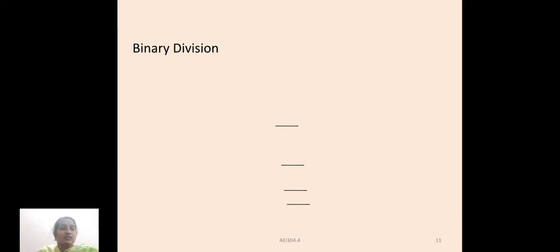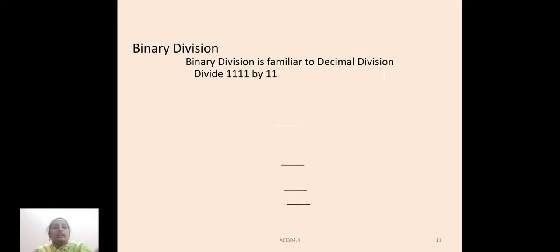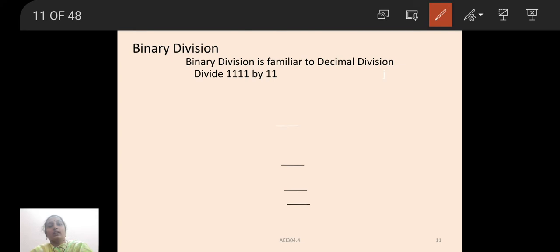Binary division is also very simple like our decimal division. So once see here, divide the number 1111 by 11. Okay, first we do it manually, then we observe the slide. 1 1 1 1 by 1 1.